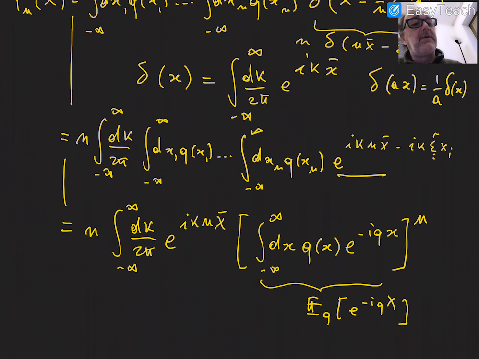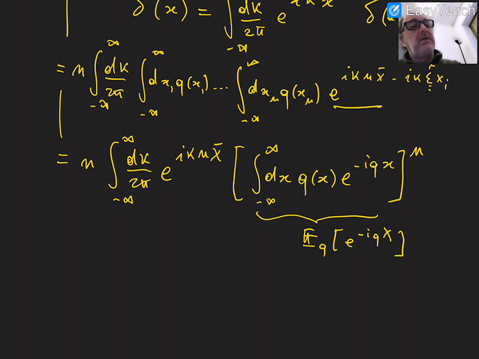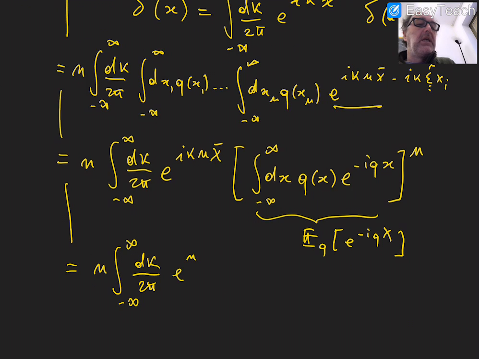However, contrary to what we did in limit theorems, we are going to study large deviations. So you see that you can rewrite this as n times an integral from minus infinity to infinity dk over 2 pi of e to the n times a function computed in ik.